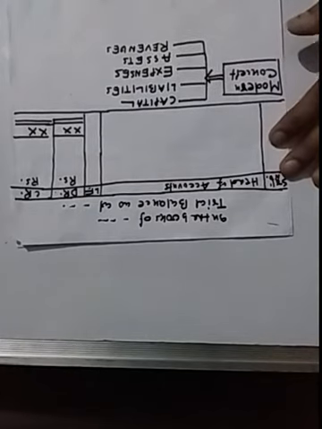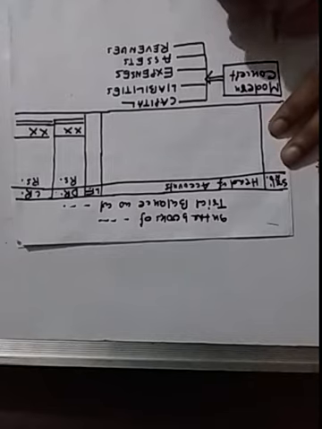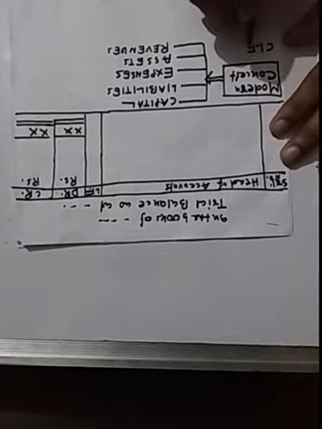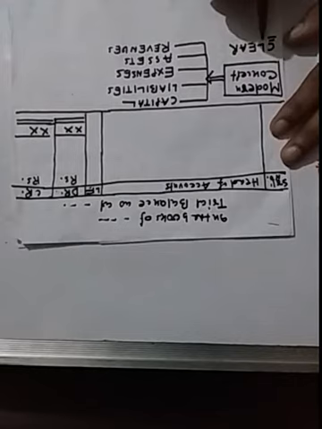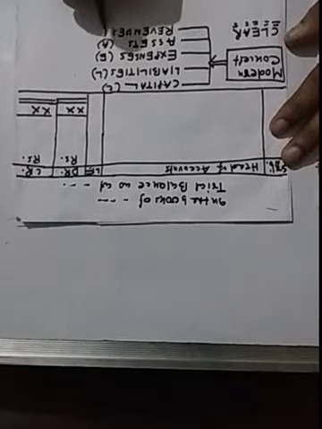To keep this in mind, remember the short form CLEAR. C means capital, L means liabilities, E means expenses, A means assets, and R means revenue.